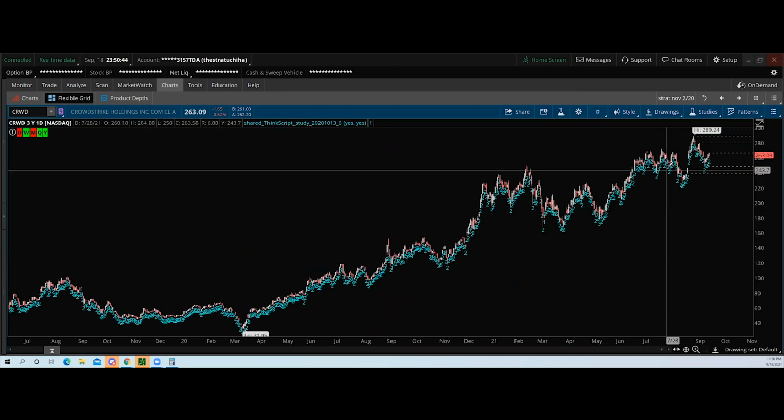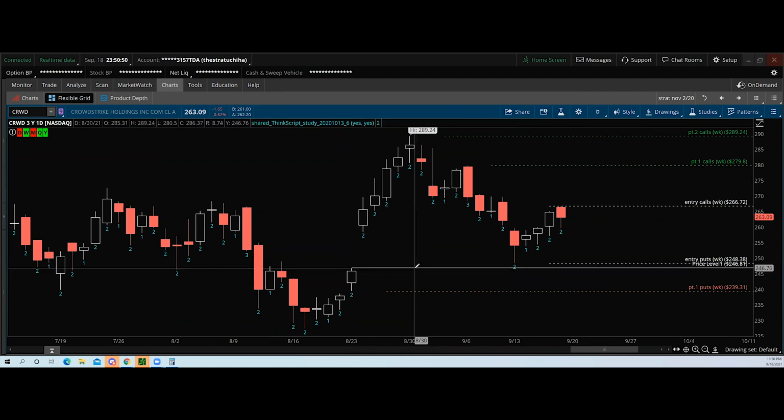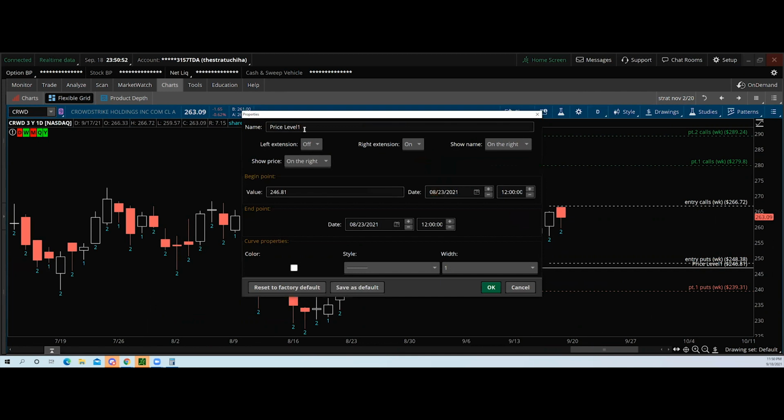All right. Then we go down to the daily. And as you can see, it's still this gap to fill. So I'll call this PT1. And I think all it probably wants to do is fill that gap. If it does come back down, PT1 puts daily. I think it just probably will just want to fill that gap.